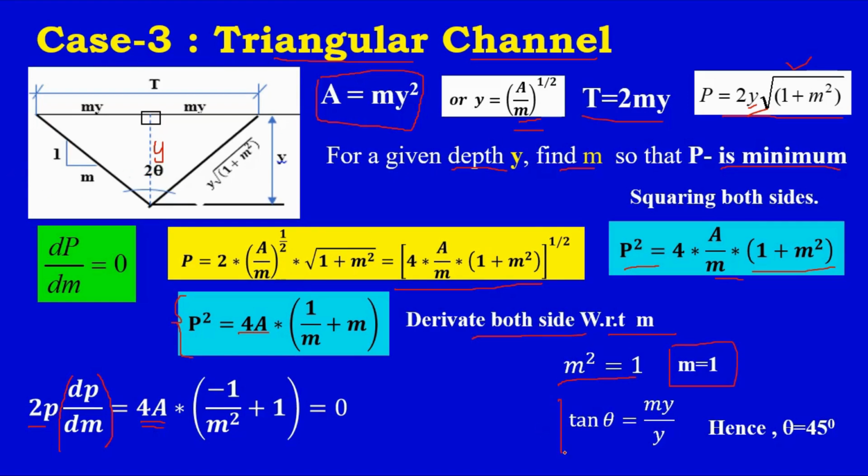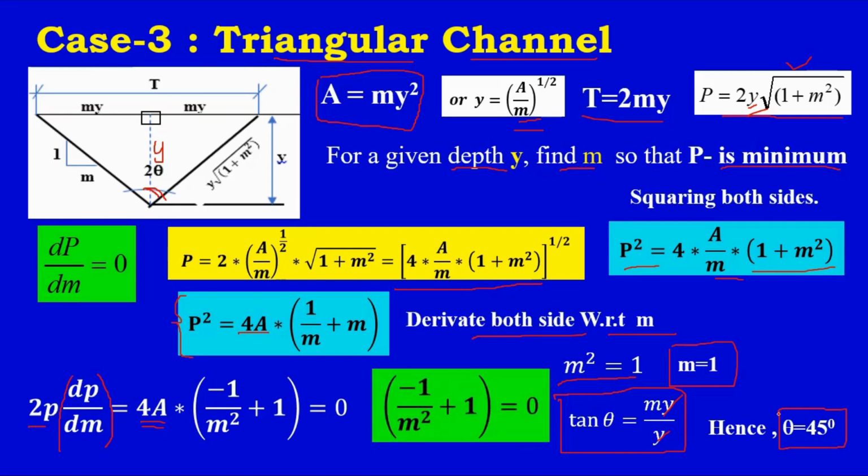So once you find this one, then tan theta, this is the inclination angle. Tan theta is opposite over adjacent, so my over y. So y cancels out. So you have tan theta is m, which is 1. So tan inverse of 1, theta should be 45 degree.